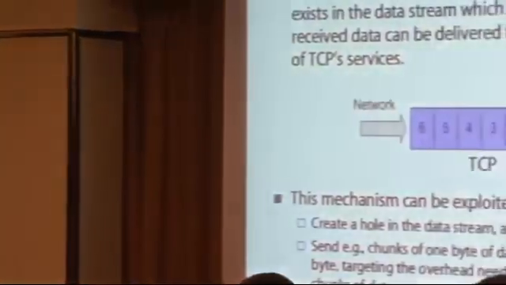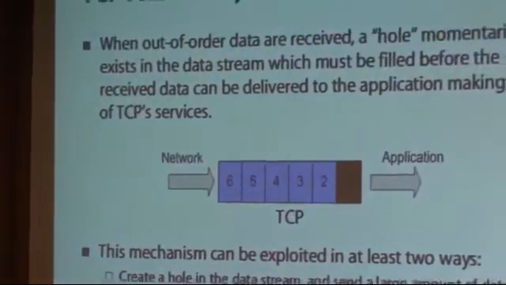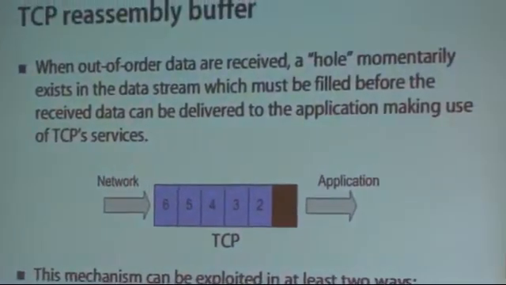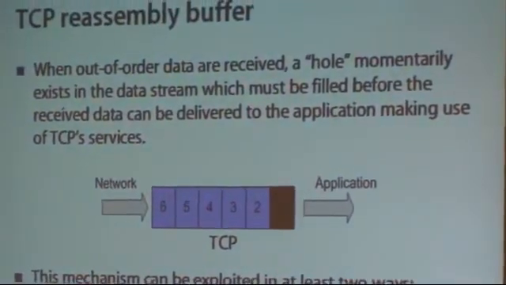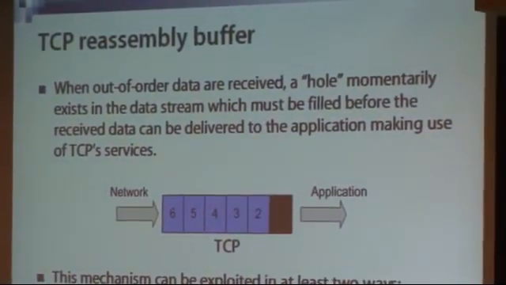The last one of this family of attacks is an attack against the TCP reassembly buffer. Basically, TCP can receive information out of order, but in order to be able to deliver those received data to the application, there cannot be any holes in the data stream. So this figure shows a case in which there is a hole, that is, a piece of data is missing, what is numbered as 1 there.